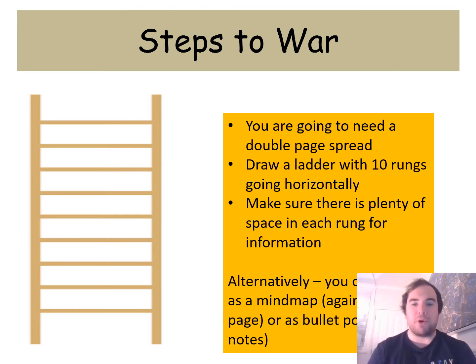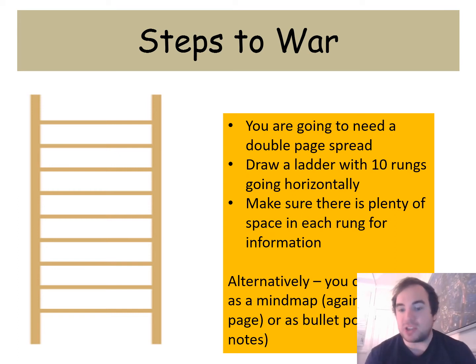So you might remember on a previous task I asked you to draw a ladder, or I gave you those free ladders. This is going to need a double page spread, and I want you to draw a ladder with 10 rungs that are going horizontally. Please make sure that there is plenty of space in each rung for you to be able to record information.